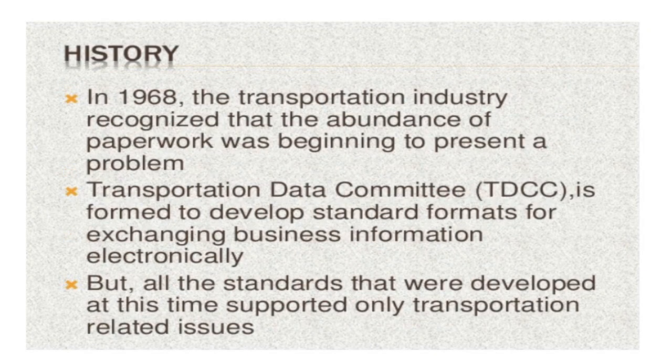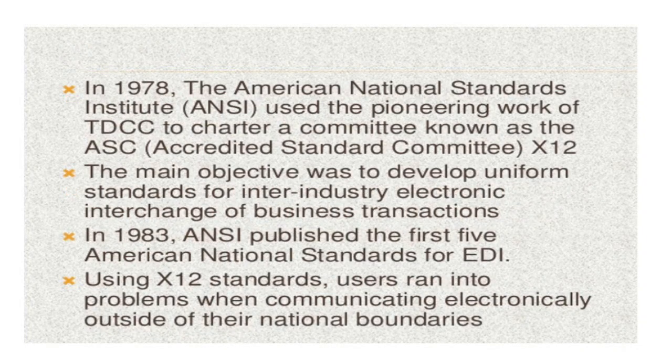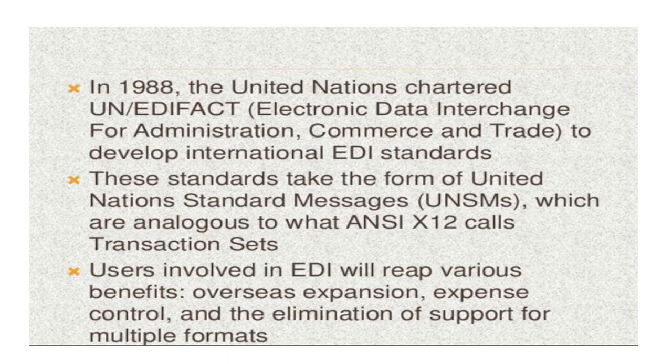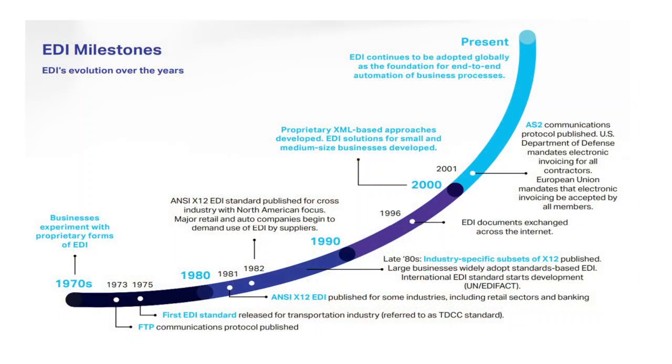In this video I told about how EDI was first used in transportation. Transportation Data Committee, 1968 is the first time when EDI was initiated. EDI development: from 1970 to present.